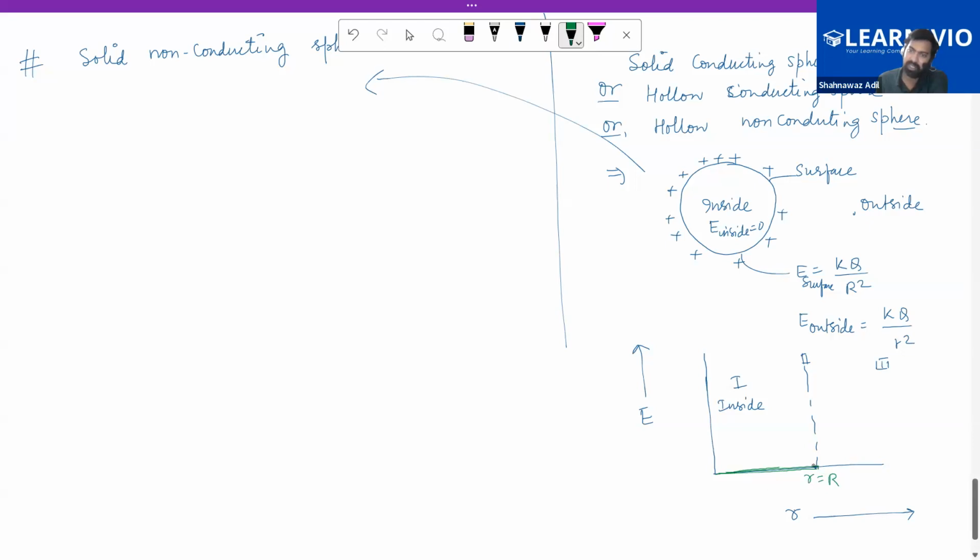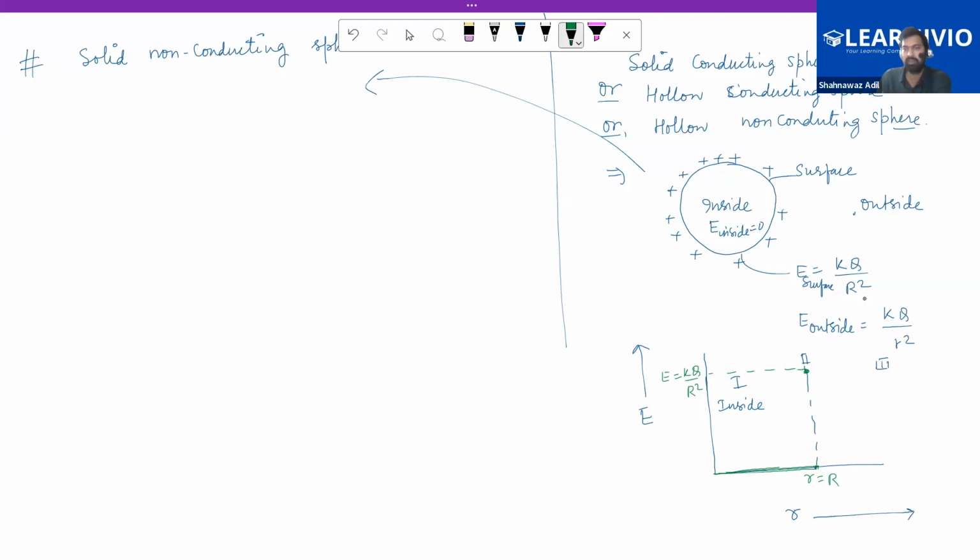At the surface, R equal to R, electric field is maximum. At this point, electric field is KQ by R square, because it is inversely proportional. If we have a closer distance, electric field will be maximum.